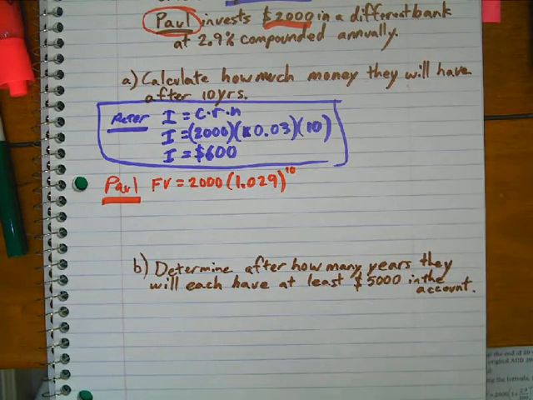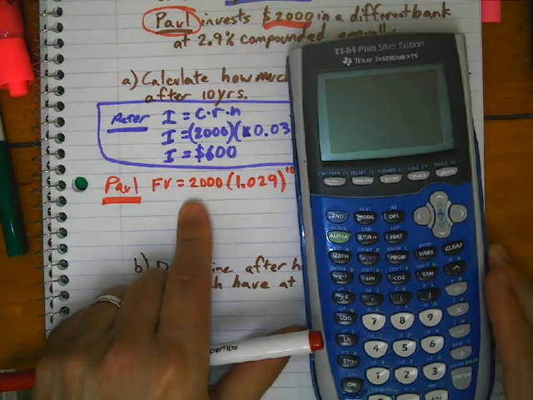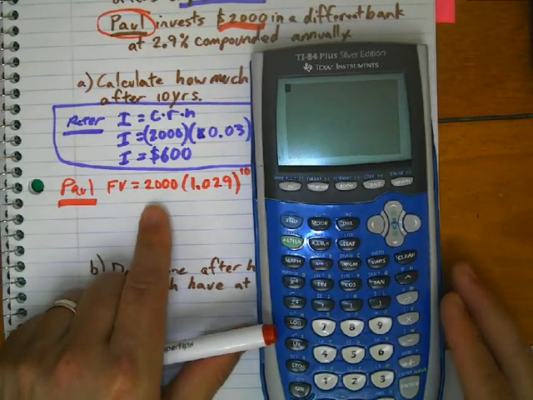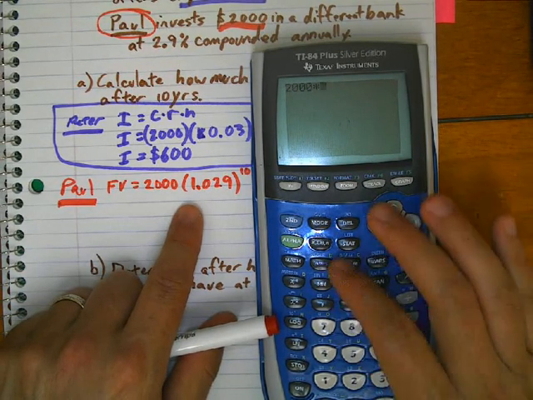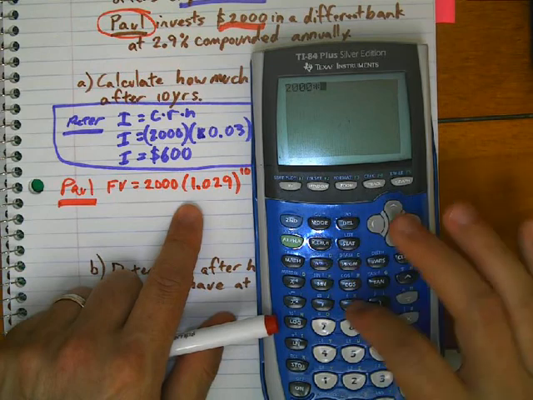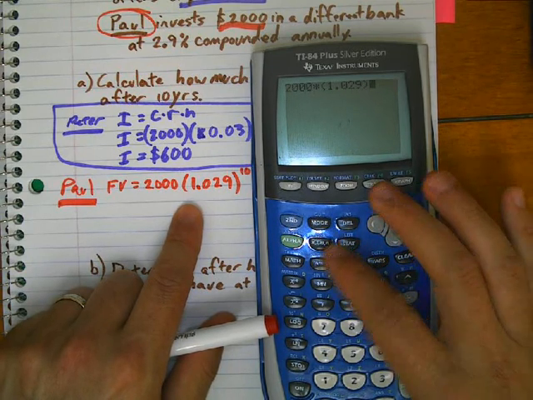Okay, so let's put that into the calculator. 2,000 times 1.029 to the power of 10.